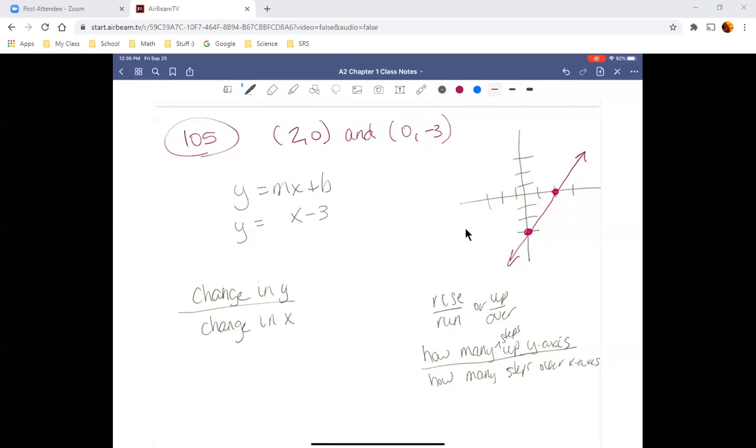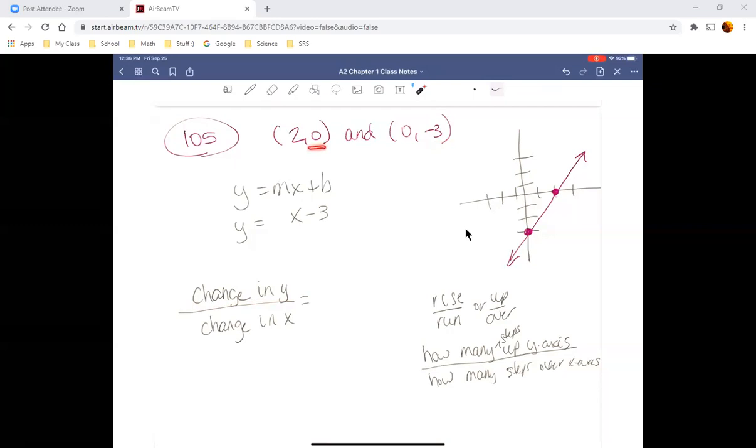How'd you get $15? 20 minus 5. So if we see the word change, we're thinking of the difference, or subtracting the numbers. If I'm looking for my change in y, can I subtract those two from each other? Yeah.